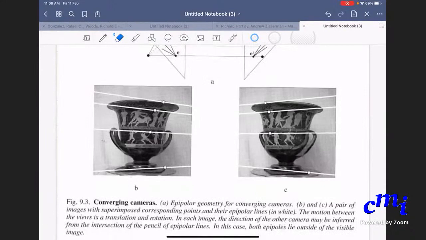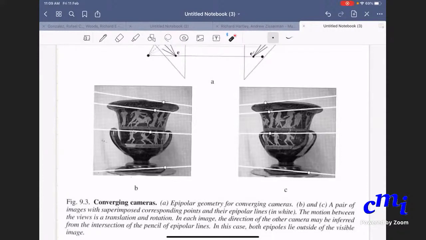In B and C are two views of the same object. If you forget these white lines for a moment and just look at the object, you can see that these are two views of the same urn, and we want to see which points correspond to which ones.